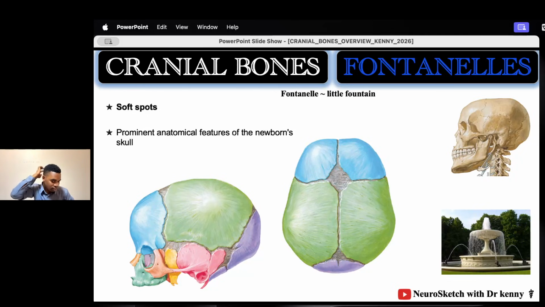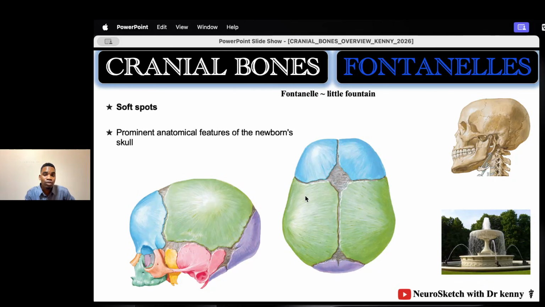And in children you can feel they are very, very soft, and sometimes scary. The presence of fontanelles is a typical anatomical feature of the baby's skull. The skull of the newborn should have fontanelles. We have the anterior fontanelle, the posterior fontanelle, and then we also have fontanelles on the lateral sides.